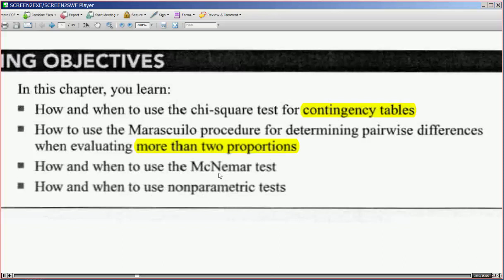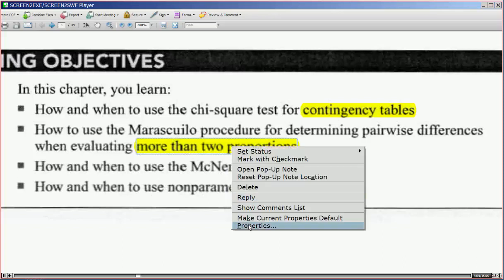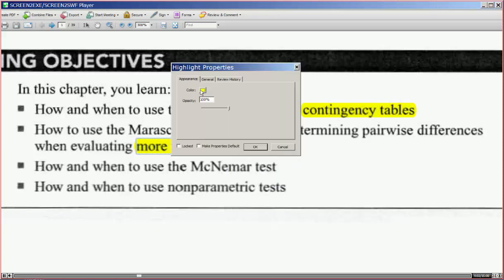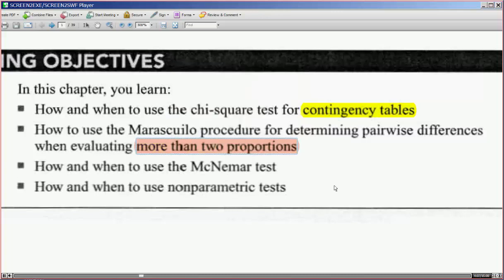That's the key. More than two proportions. Keep going back at that arrangement. How and when to use the McNemar test, and how and when to use non-parametric tests. Okay, we know that the Excel examples will be very good, but most of the other presentation will have to be really worked on hard.